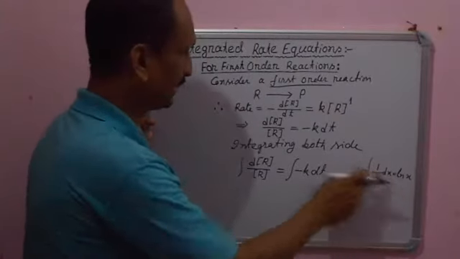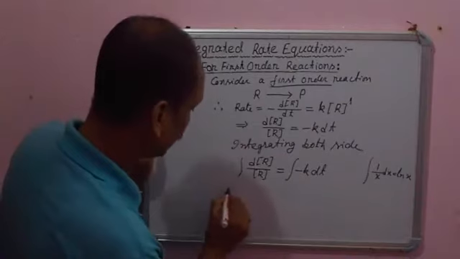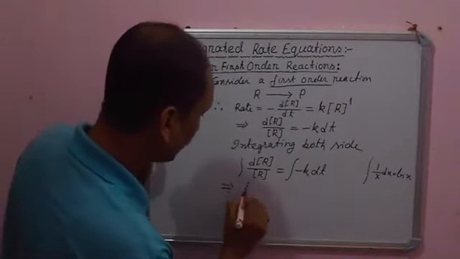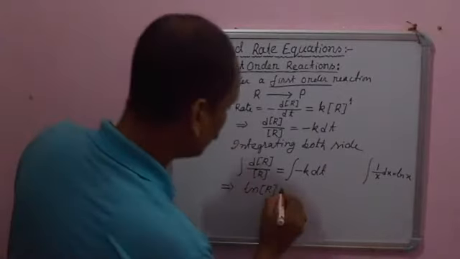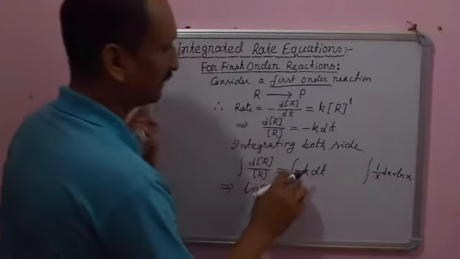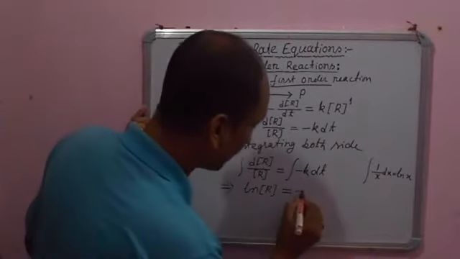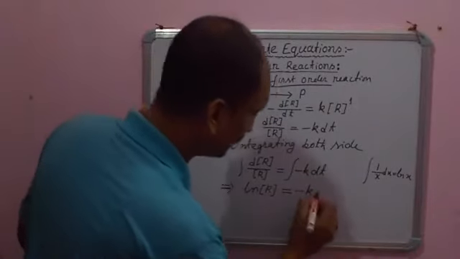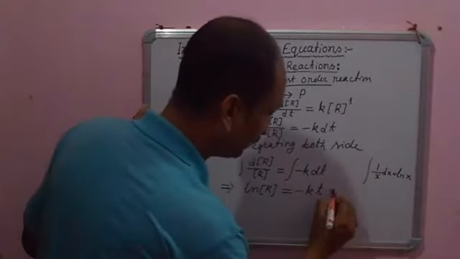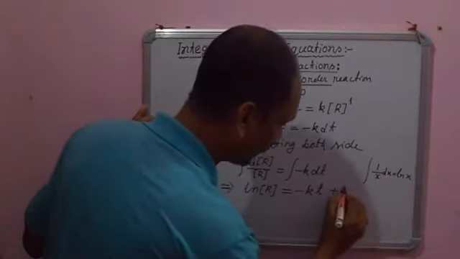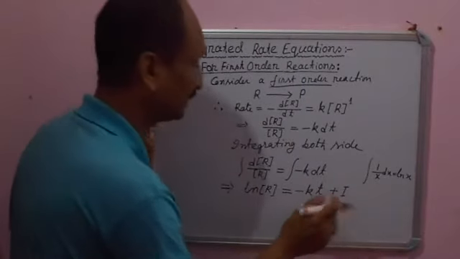So the integration of 1 by R dR will be equal to ln of R, which will be equal to the integration of minus k dt. K is a constant, so it comes out: minus k times the integration of dt, that is t, and automatically we get a constant of integration, I. So here I is the constant of integration.